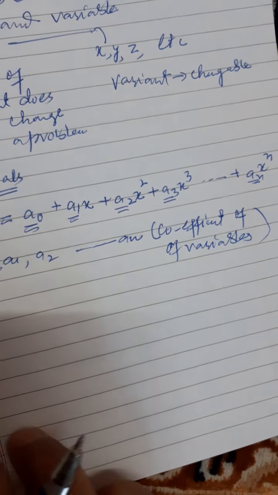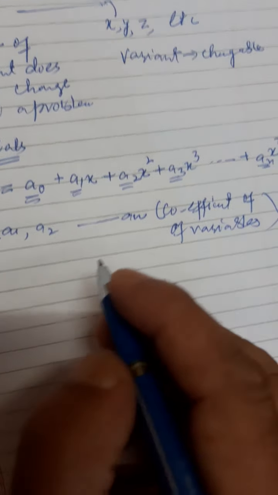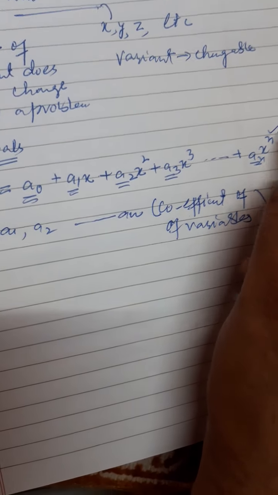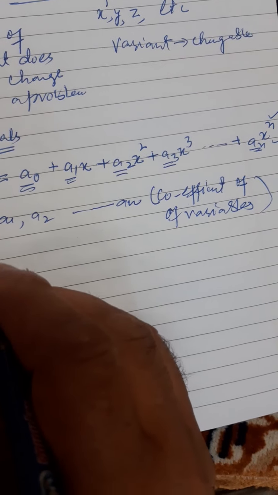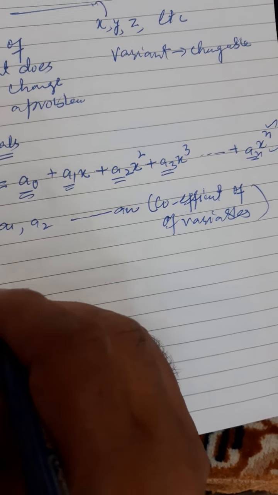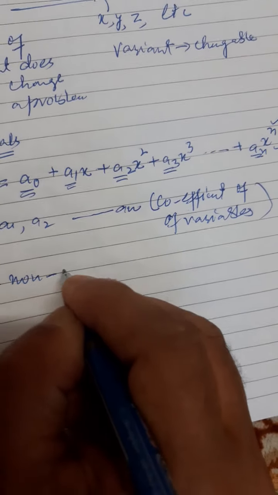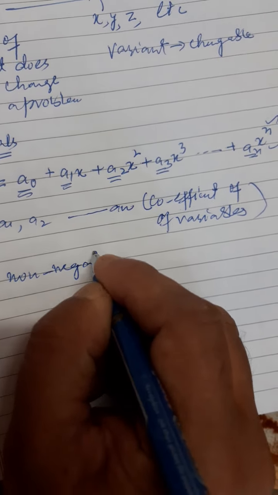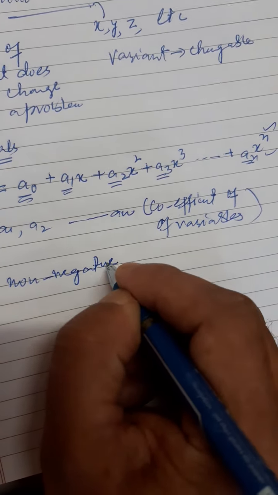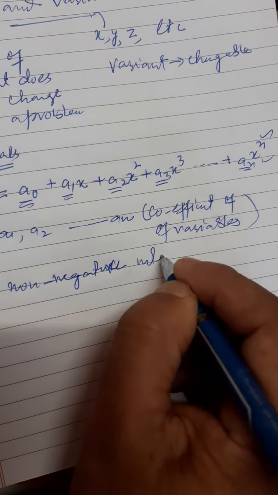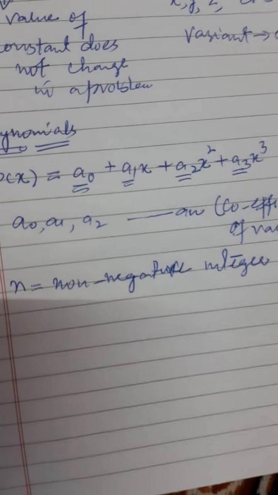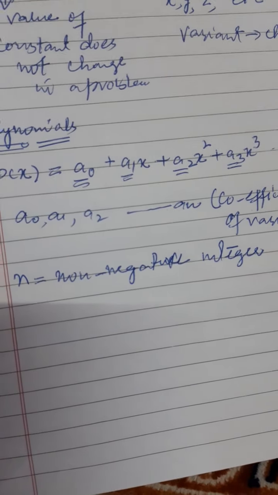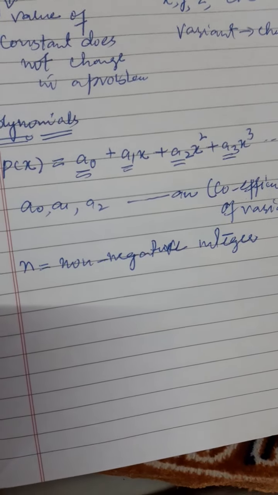While this n is non-negative, it means it is a non-negative integer, or we can write it as a positive integer. So in this manner it is now clear to you.